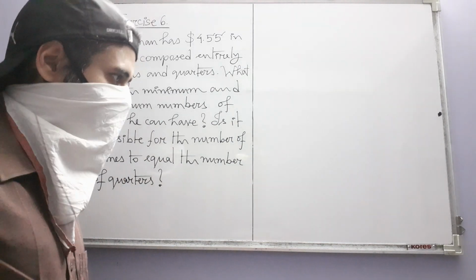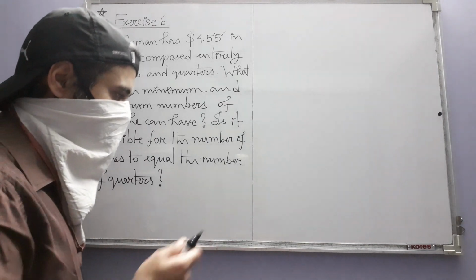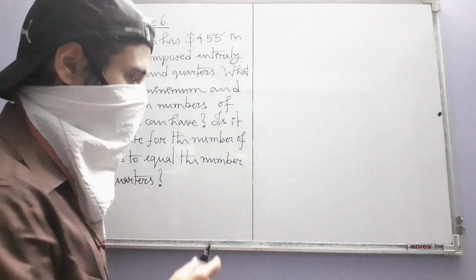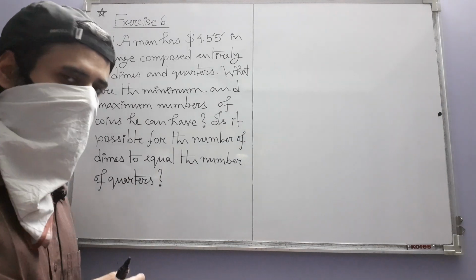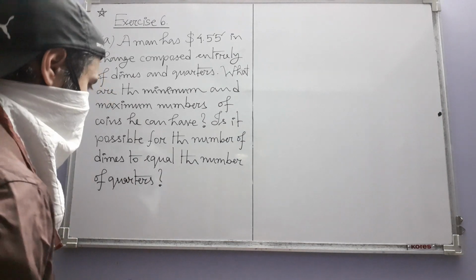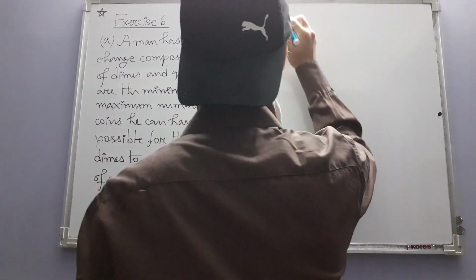So, we are going to consider two variables. One is the number of dimes and the other is the number of quarters. So, let's start the solution here.